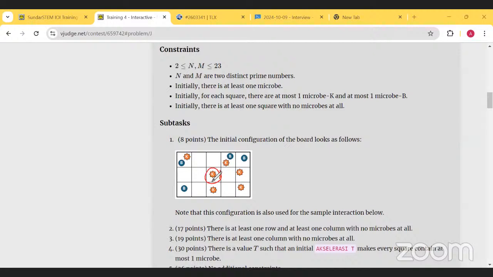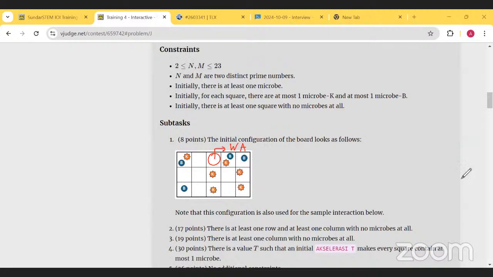That means we take the microbes, so there are no microbes here after we do the experiment. So the total number of experiments equals the number of microbes, right? Because if we do an experiment in an empty location, then we will get a wrong answer.